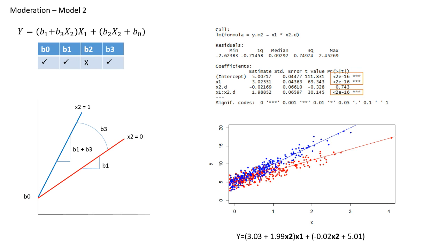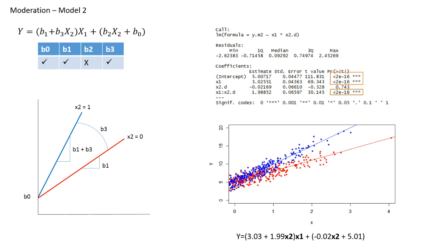For my second moderation model, I wanted a significant B0, B1, and B3, but a non-significant B2. Again, the graph to the left shows what I expect my results to look like. Since B0 is significant, I expected that when the moderator variable x2 equals 0, the intercept would be greater than 0.